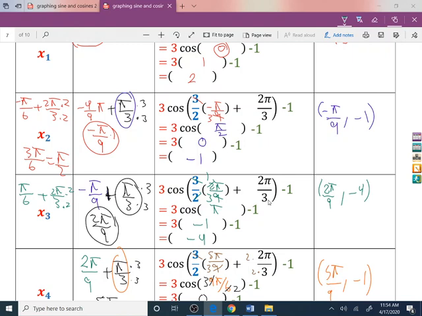Okay, here we have 2 pi over 9, cosine pi, because here we have 3. Oh yes, this 3, not 6.